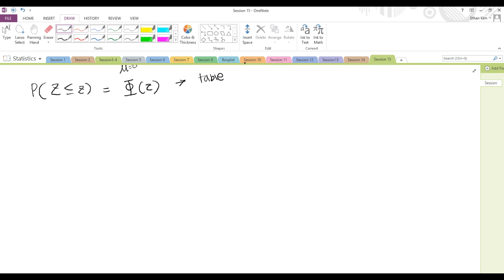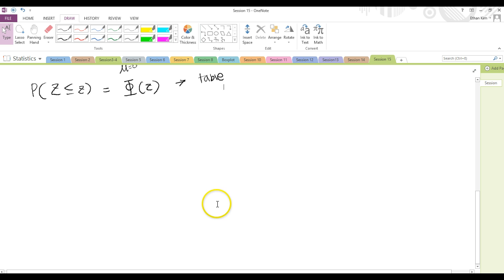You can just Google it, it will come up. And if you have a table, you can look up the probability in order to get the z-score.